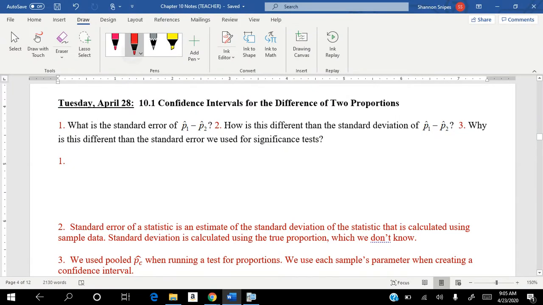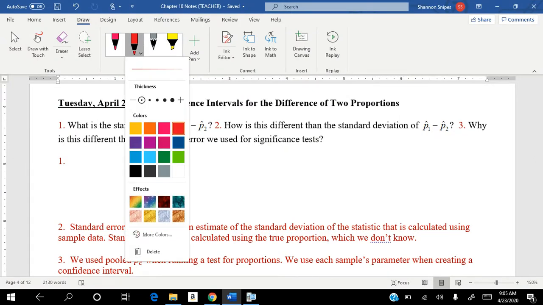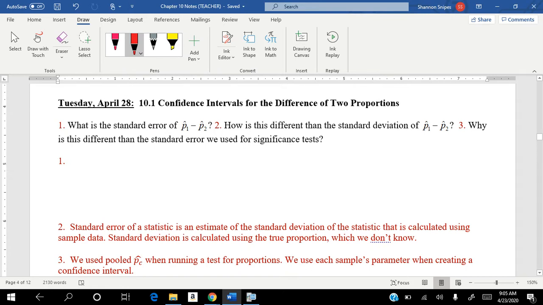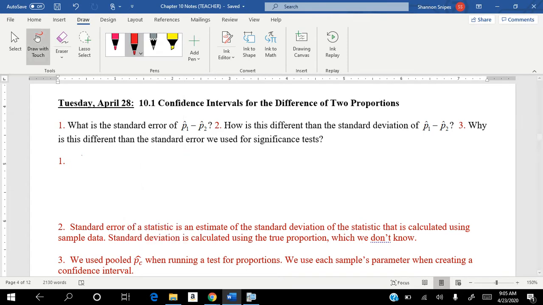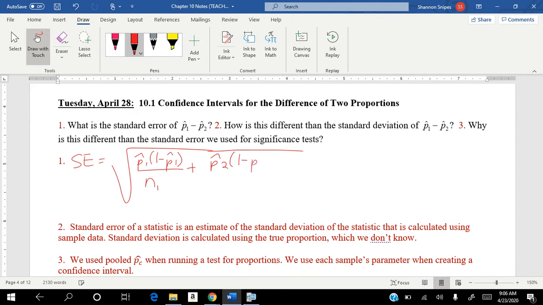So your standard error is going to be the square root of p hat 1 times 1 minus p hat 1 divided by your first sample size plus p hat 2 times 1 minus p hat 2 divided by your second sample size.